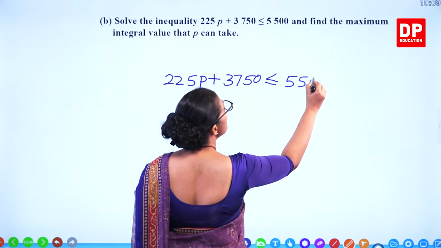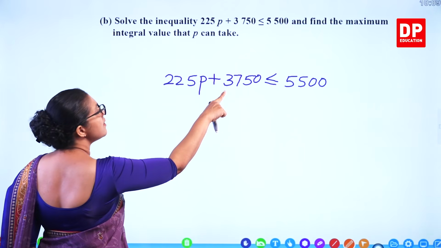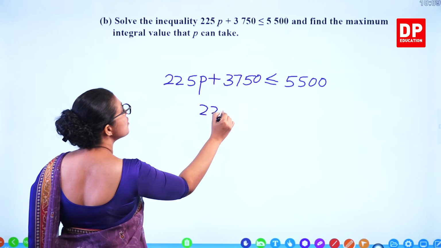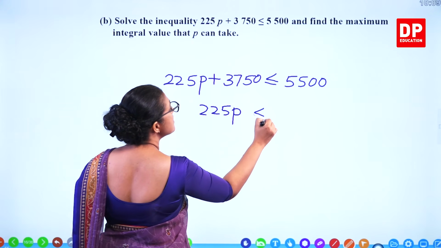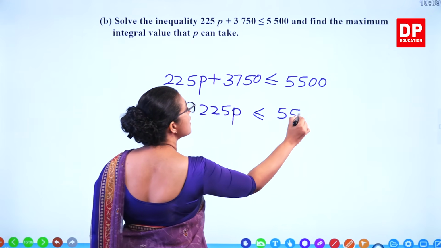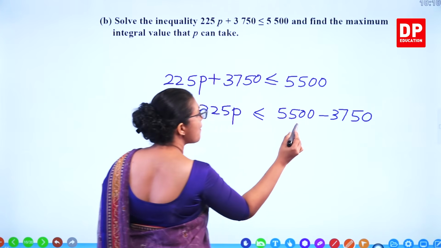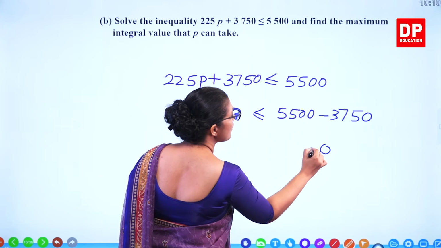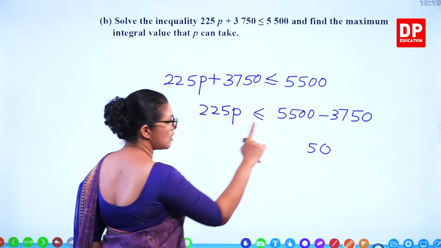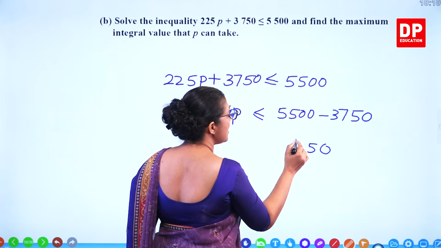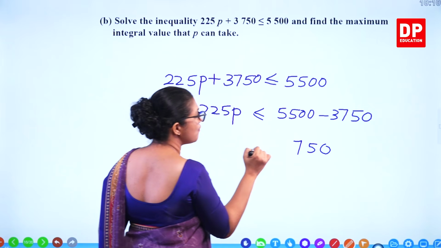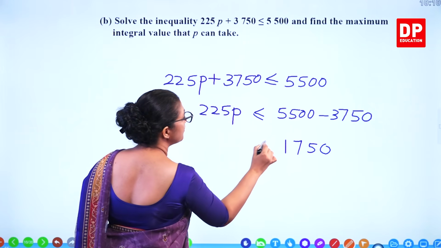So what's the first step? You can take the number to the other side. So 225p is less than or equal to 5,500 minus 3,750. Subtract, 5 and 5, 10. 1 remaining, 8. 8 plus 7, 15, and 1.